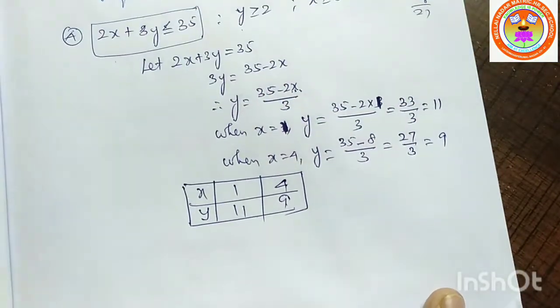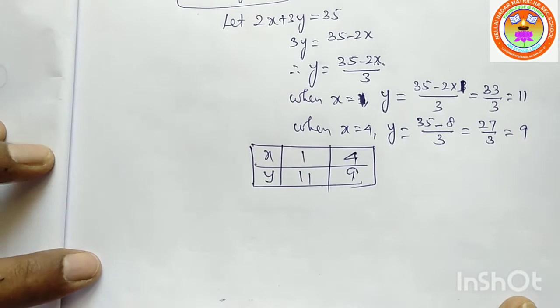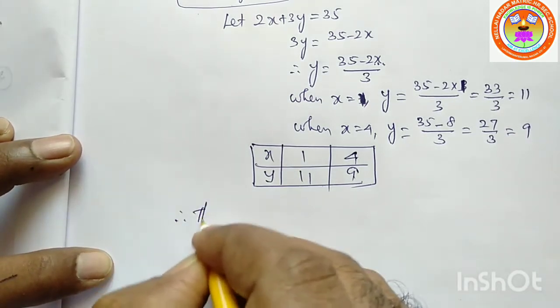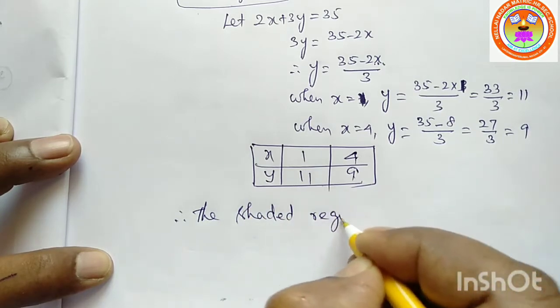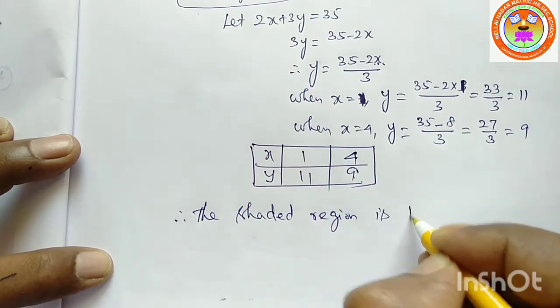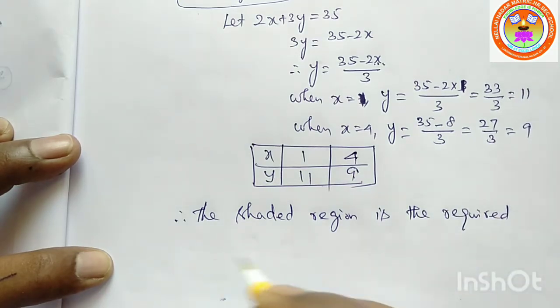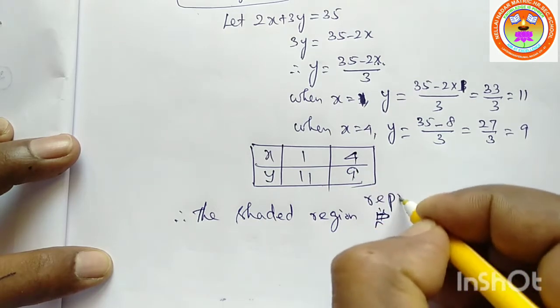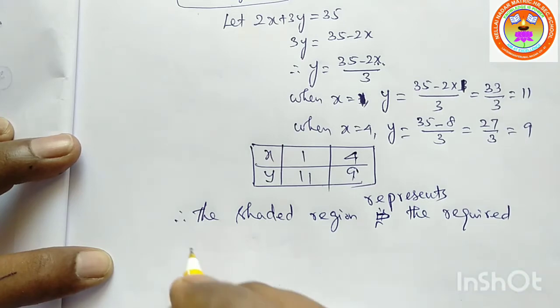Therefore, we can come to the conclusion that the shaded region represents the required region. Okay?